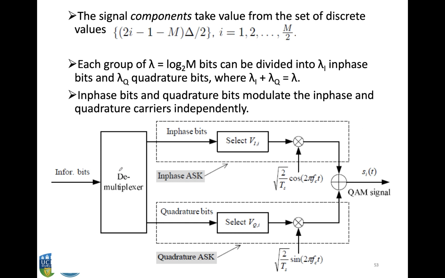We can have all the information bits demultiplexed into the even number of bits and the odd number of bits, or we can say in phase and quadrature. If you remember, for QPSK we were dividing the information bits into in phase and quadrature.